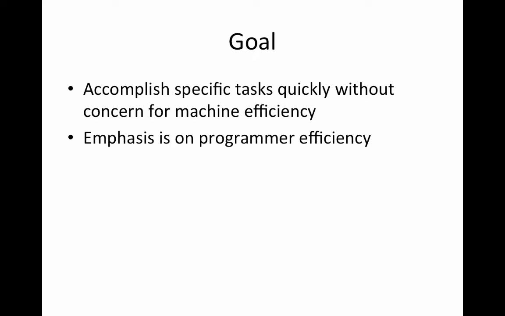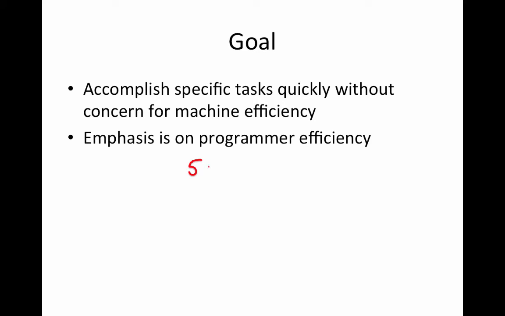We want to be able to create our program as quickly as possible. It means that typically we are programming for a one-off task. So maybe we're writing something and when we're done, it takes us 5 minutes to create the script and it takes the script 2 minutes to run, for a total of 7 minutes.